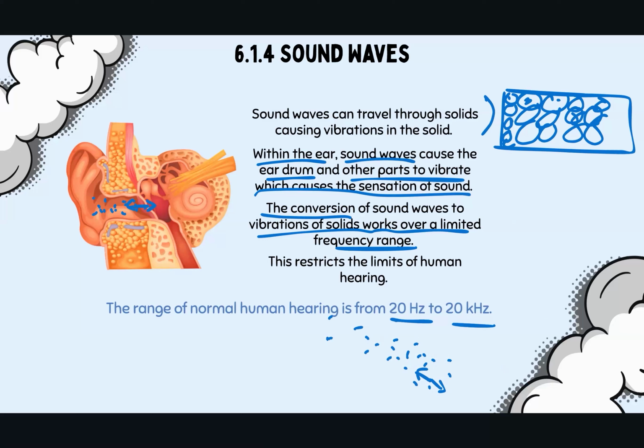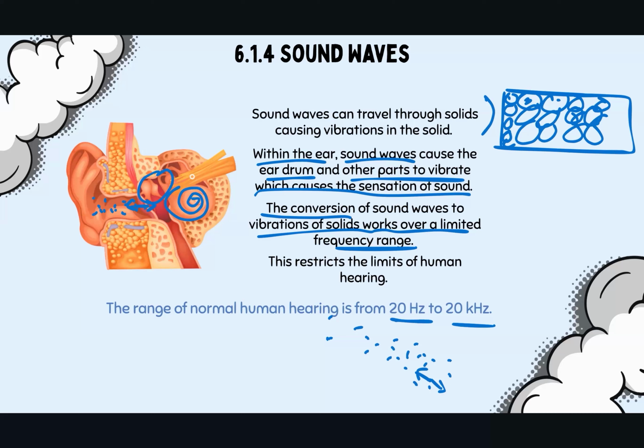And then within this part of the ear, the cochlea, that's full of water. So you've got this part of the ear here, which are tiny bones, and those tiny bones magnify the vibrations. When it enters this water part here, there's tiny hair-like receptors within that water.